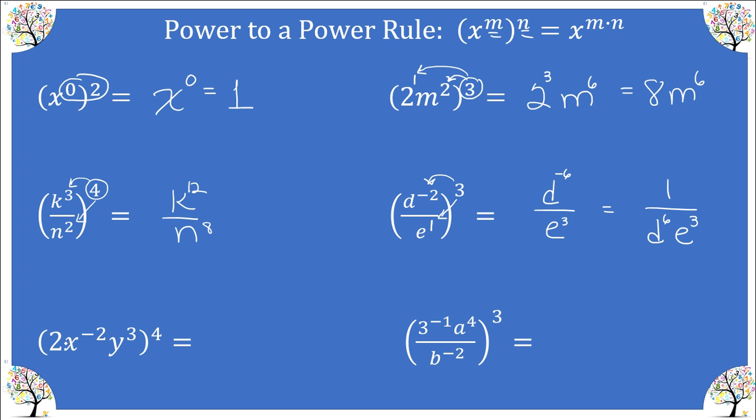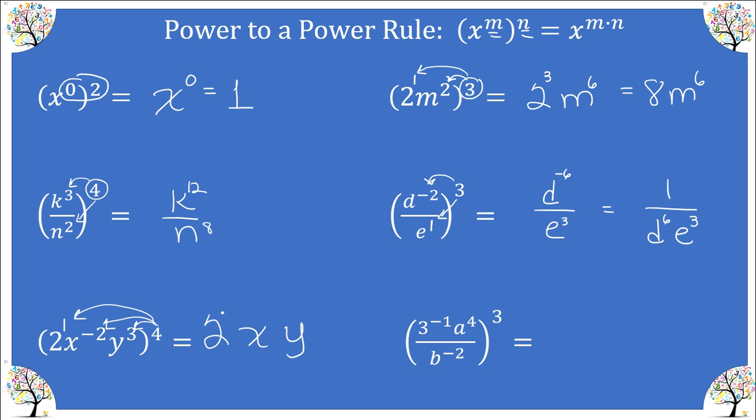Our fifth example, we have 2 raised to the 1 times x to the -2, y to the third, all raised to the power of 4. So I'm just going to write out my base, 2xy, and then distribute this 4 to every exponent, power to power.